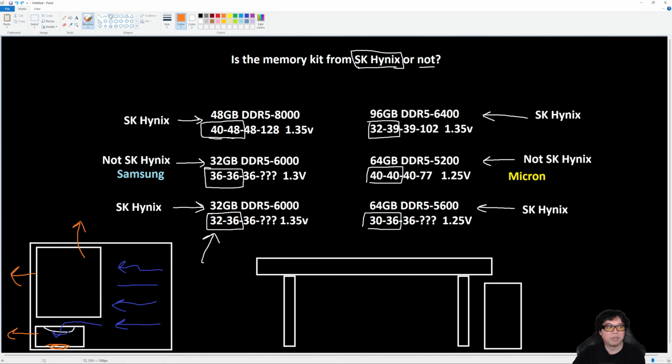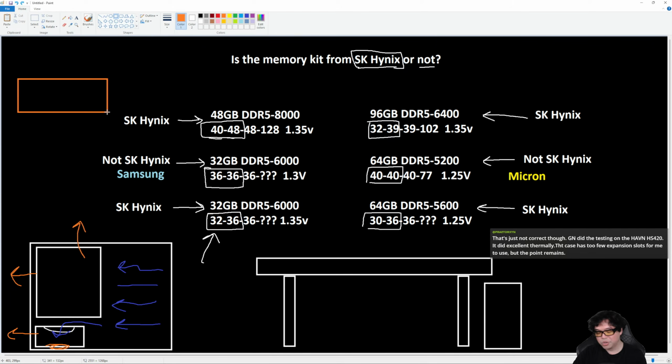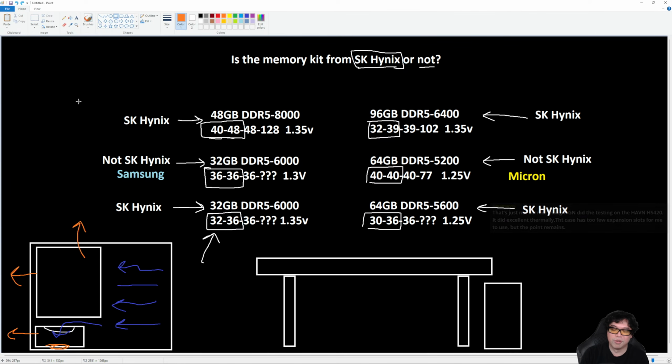Because I think about the real world, how you have a server rack in a data center. And I can tell you right now, data center servers are not going to be doing aquarium style airflow, because it's terrible. It's so impractical and wasteful.